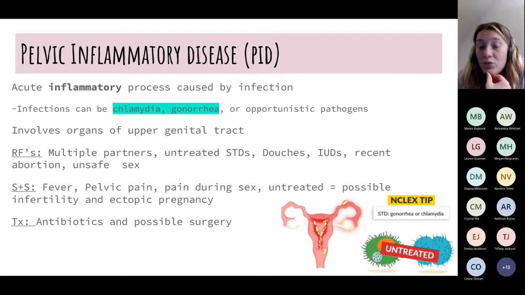But if this pelvic inflammatory disease becomes untreated, we're concerned that in the future they're going to have a very high risk for infertility or ectopic pregnancy. So it's really important to assess the sexual status of your patient. When I talk about possible surgery, the worst case scenario, these patients would probably need a hysterectomy.